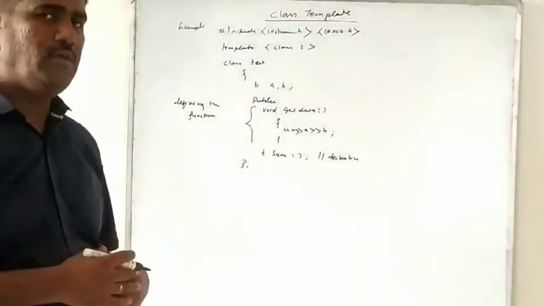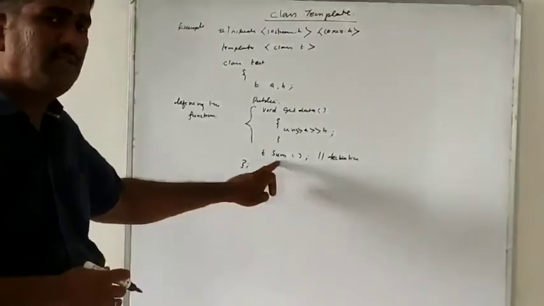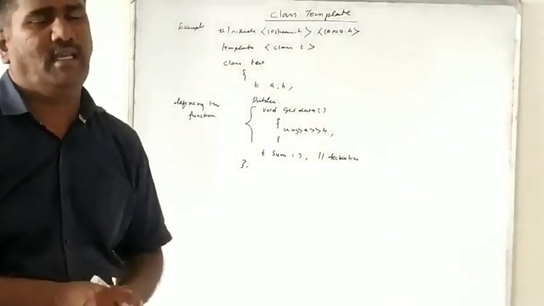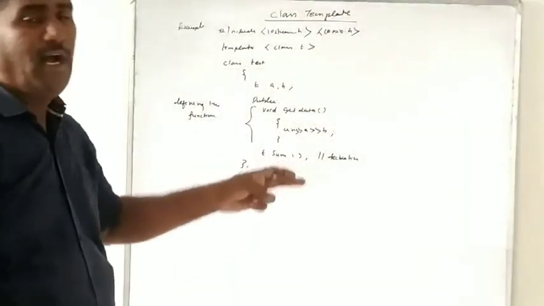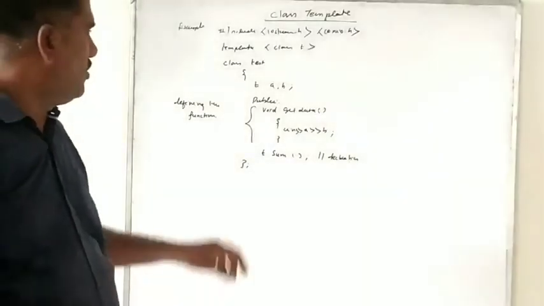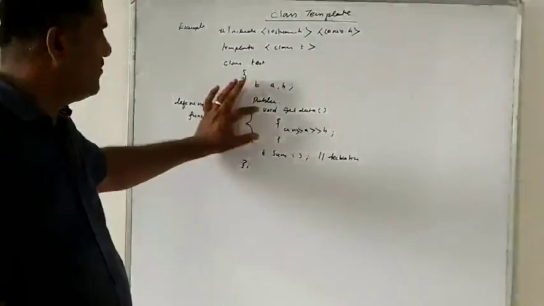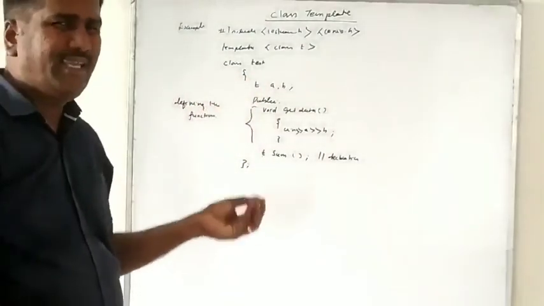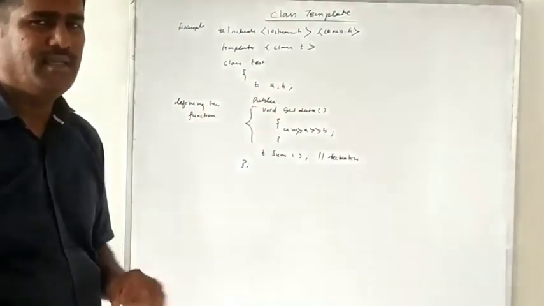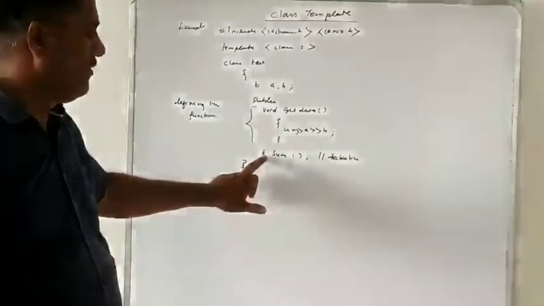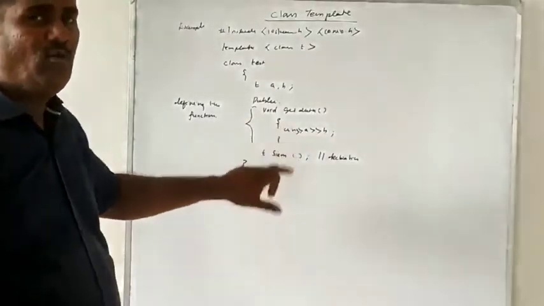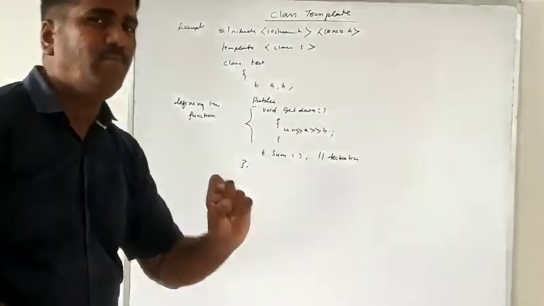So we want to define this function outside the class. You already know how to define a function inside the class, the same as an ordinary class, but defining the function outside the class is slightly modified.